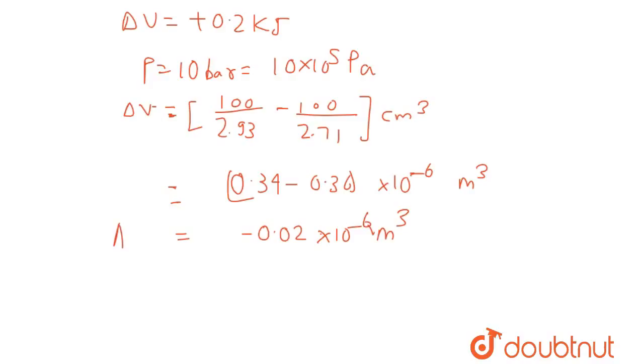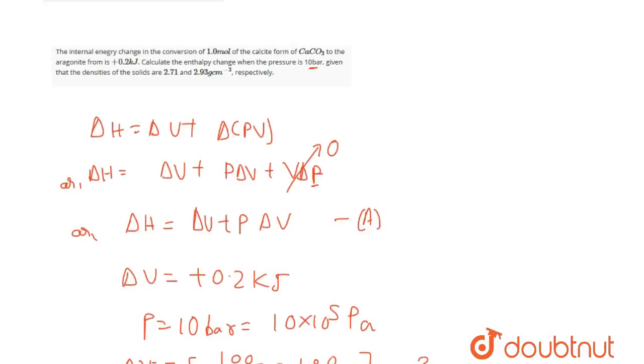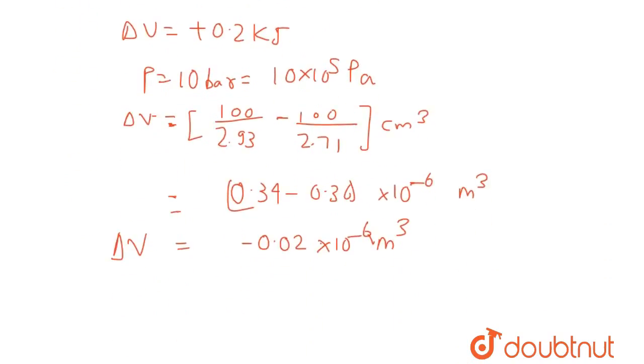So this is the change in volume when the conversion of 1 mole of calcite form of CuCO3 to the aragonite form occurs. This is the change in volume we have calculated.